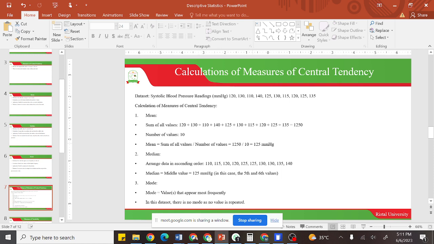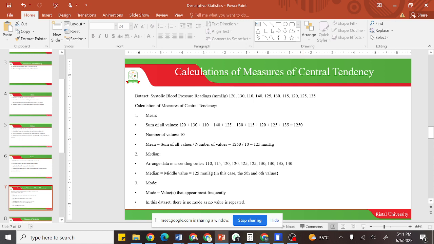So let's look at one example of how you can do the calculations for mean, median, and mode. For the mean, you add and then divide by the number of elements. So we have measurements of systolic blood pressure readings in millimeters of mercury.